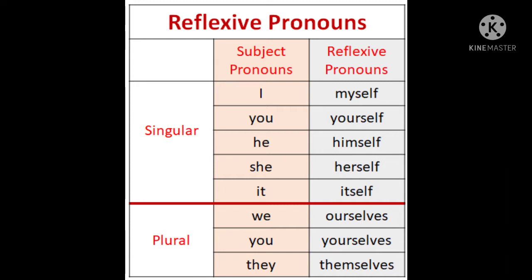When we talk about the plural form, we becomes ourselves. You, in the plural form, will become yourselves as a reflexive form. And when we talk about they as a subject pronoun, when we turn it into a reflexive pronoun, it will become themselves.